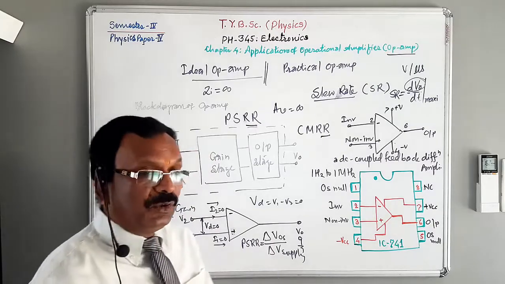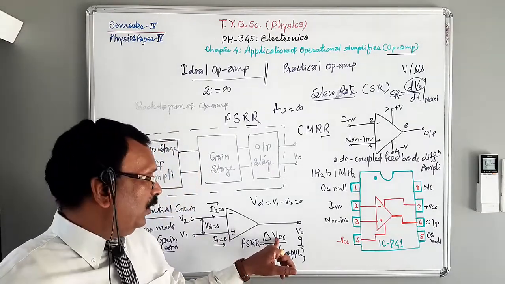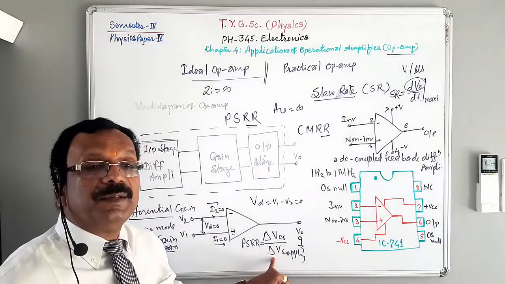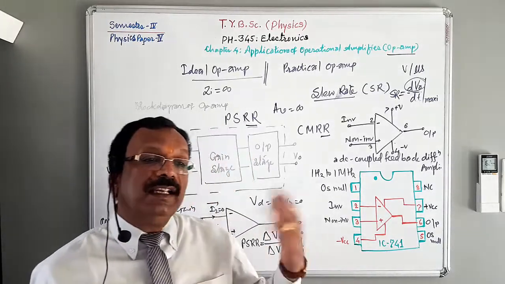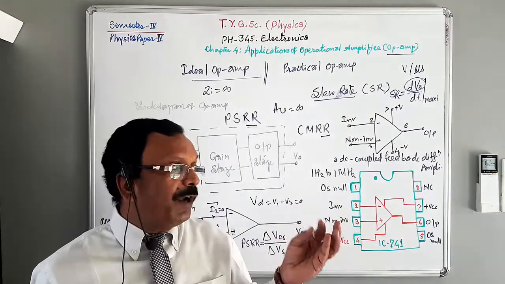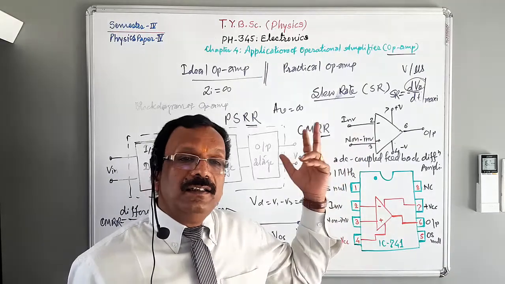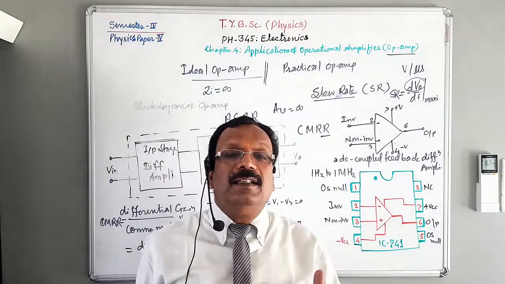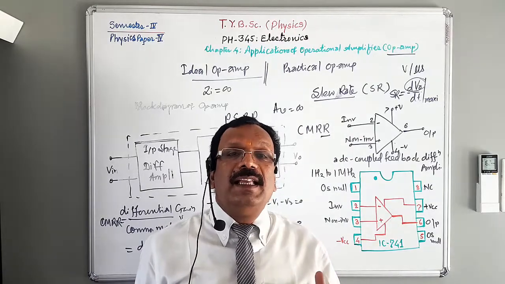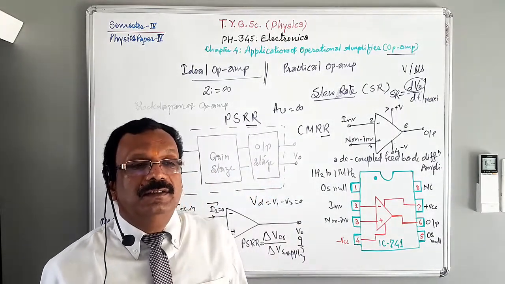Power supply rejection ratio is the ratio of change in offset voltage to change in supply voltage. So change in supply voltage alters the operating point of the transistor inside the OpAmp, and this in turn induces a change in offset voltage.